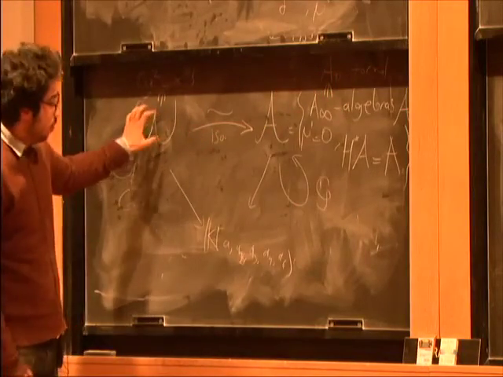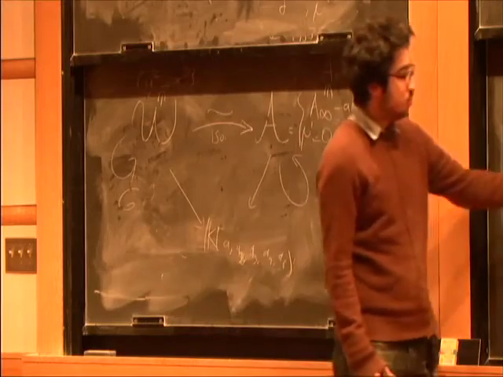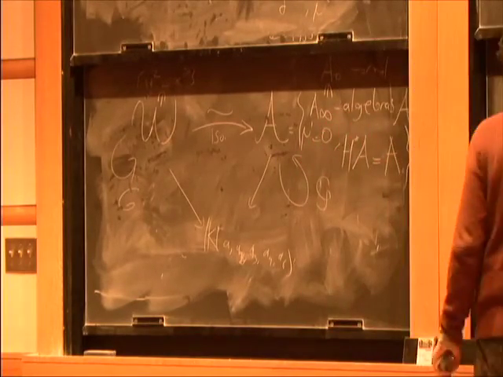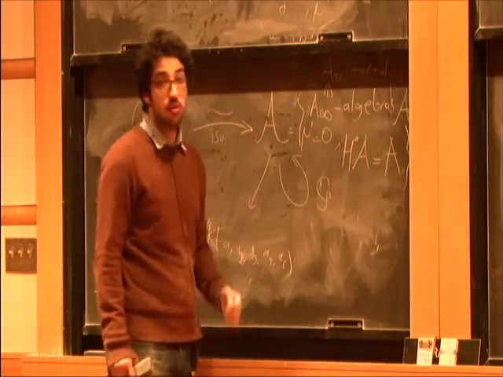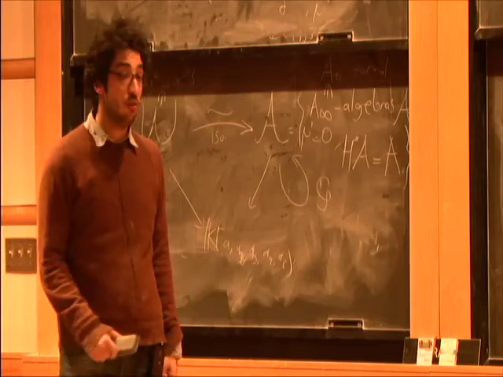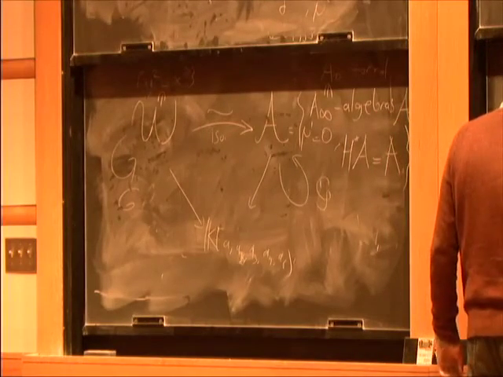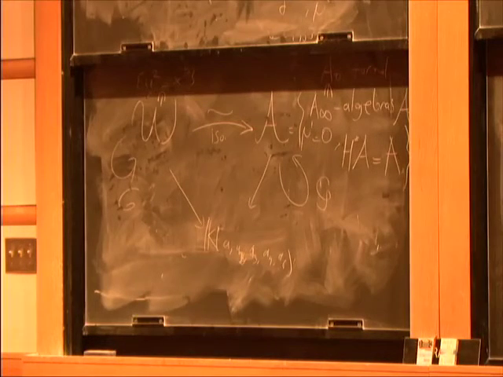Now the deformation theory of this cusp curve is controlled by this complex, at least to the first order, and the deformation theory of A infinity algebras is controlled by something called Hochschild cohomology. So here we have a Hochschild chain complex of the algebra A, and then here the Hochschild chain complex of the second one.